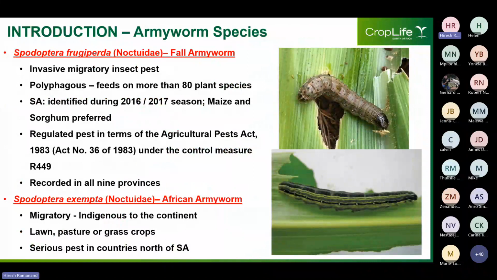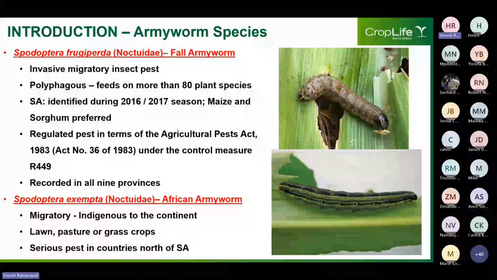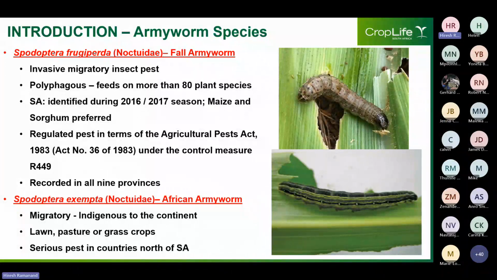Fall armyworm, known as Spodoptera frugiperda, is indigenous to the tropical regions of the Western Hemisphere. As many of you online today would know, it is a polyphagous migratory insect pest that feeds on more than 80 plant species, which includes maize, rice, sorghum, and sugarcane, but also vegetable crops and cotton.